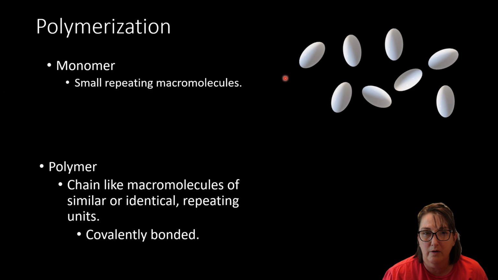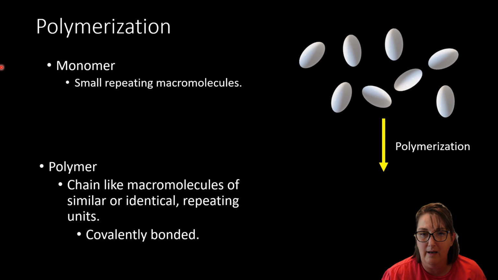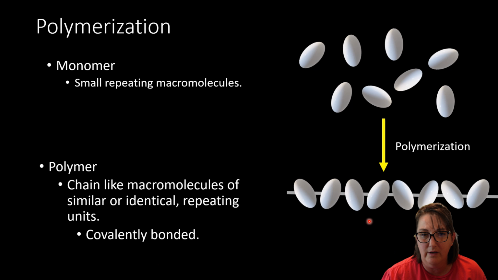My monosaccharides are my small individual units of a carb. I polymerize them, do some type of synthesis to get them together, and then make a polymer chain, a long string of monosaccharides, which is a polysaccharide.